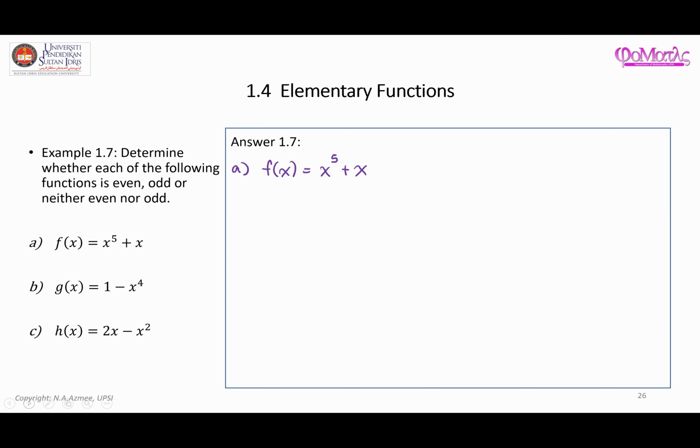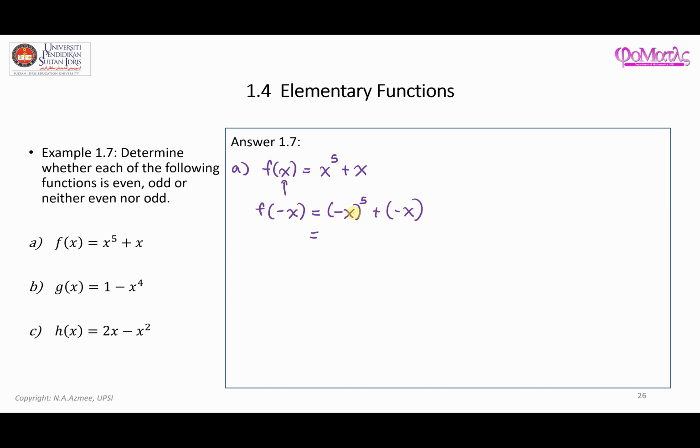So now we're going to substitute x with negative x. Now f(negative x) is equal to negative x to the power of 5 plus negative x. Then you can go on and simplify.